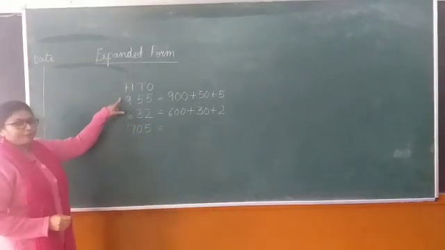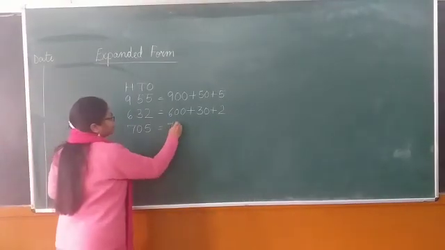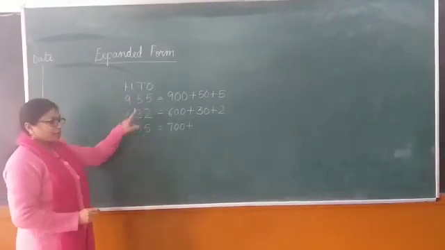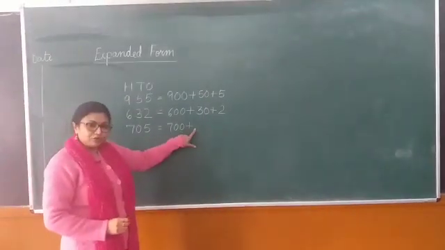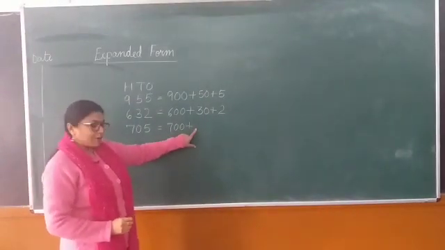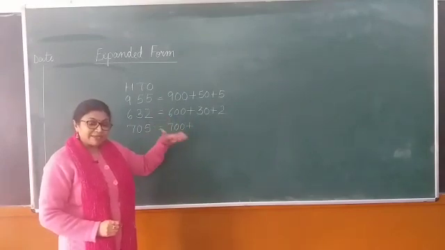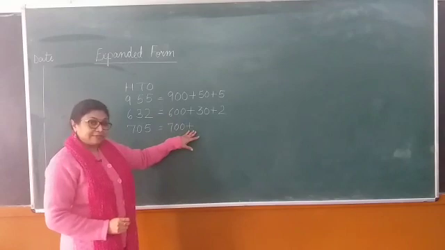Now another example. 705. 7 is in hundreds place, so we will write 700, plus 0 is in tens place. We can write a single 0 also, or we can skip the 0, but because we are learning in class 1, this is the basic that we are learning, expanded form.